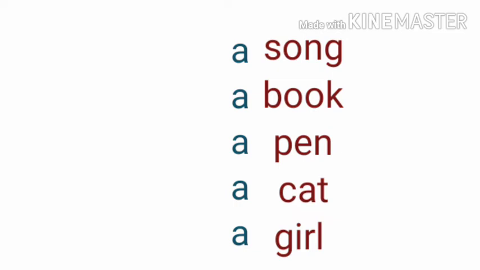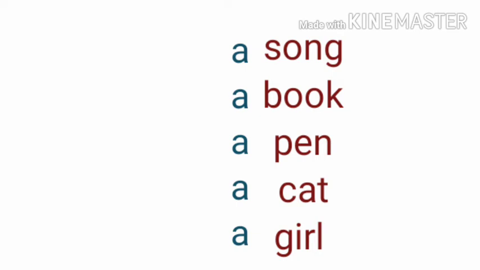Song begins with the sound sa, book with the sound ba, pen with pa, cat with ka, and girl with ga. All these sounds are consonant sounds. So we write a before these singular nouns.